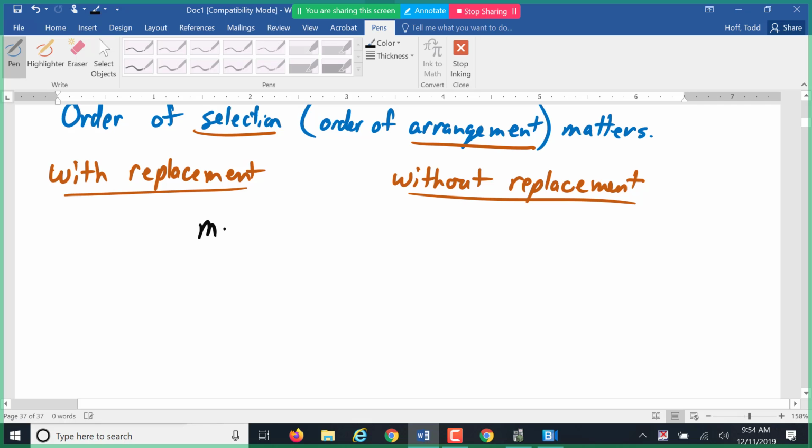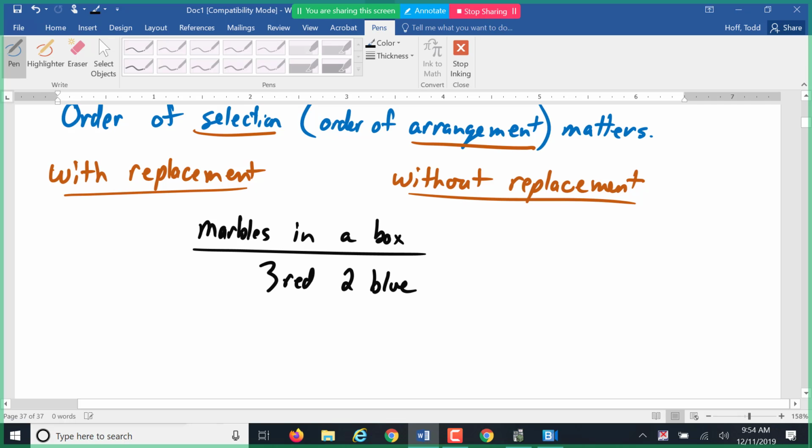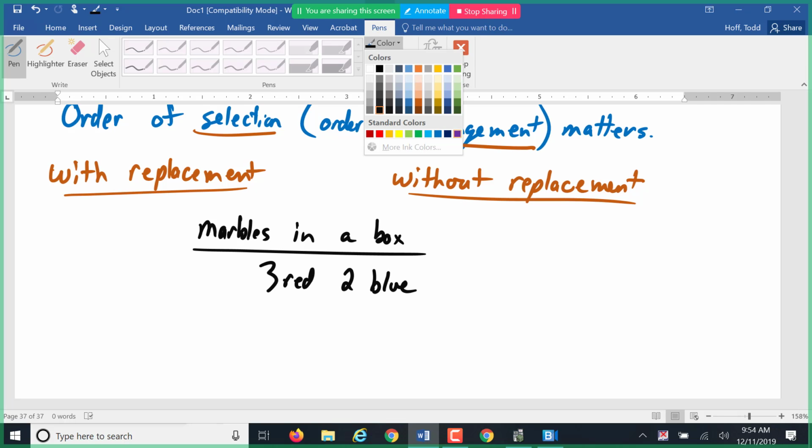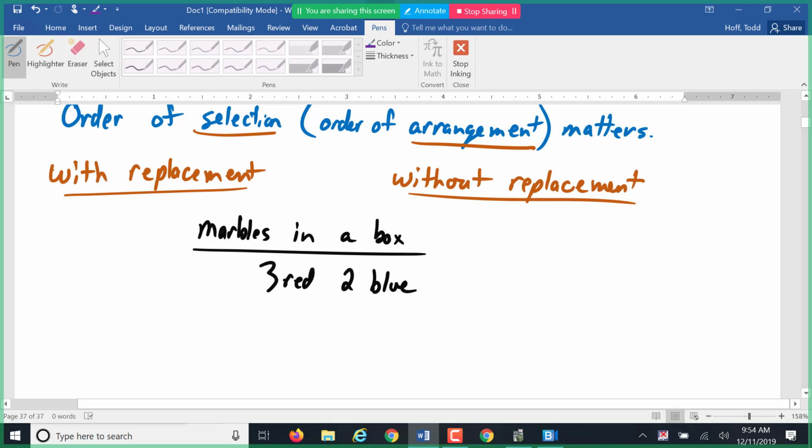But if you think of marbles in a box, if we have 3 red and 2 blue marbles in a box. Well, if we look at that, there are 5 total marbles in the box. 3 out of those 5 are red. So that's the ratio of red.